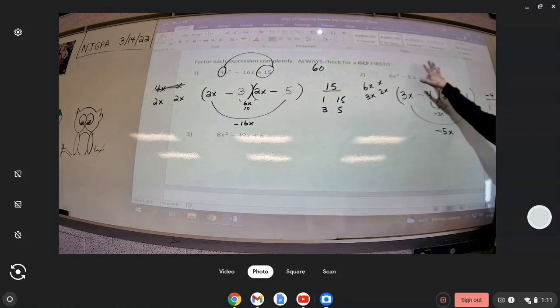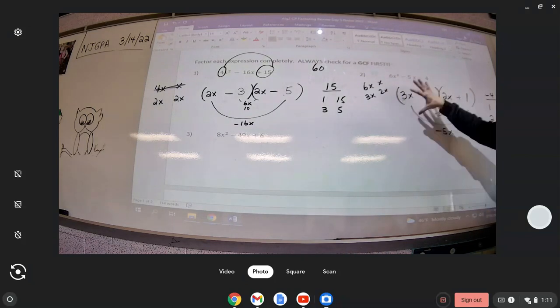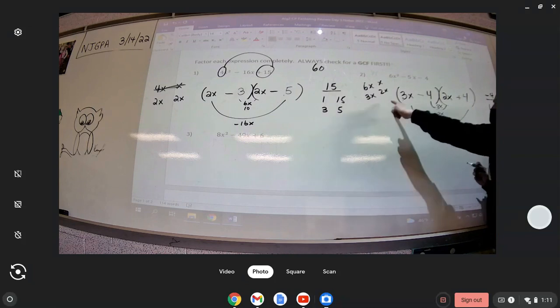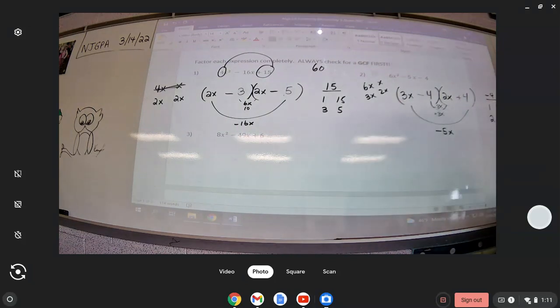And then if you missed a GCF in the beginning, and you were able to factor it, that just means somebody probably ended up with a GCF. So they have a GCF of 2. I would take that 2 out, write it in front, and make that x plus 2. I don't want to confuse you, but that's all you would have to do to correct it. But if you're doing it right, you should always take the GCF out in the beginning, and then they are never allowed to have them.